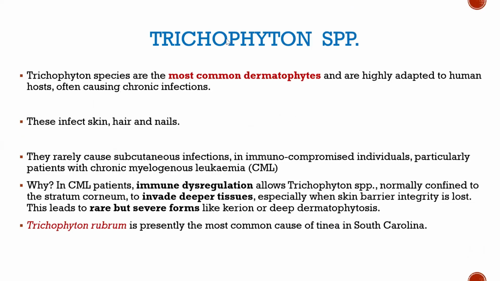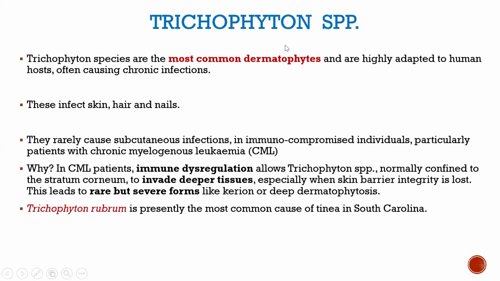Then let's go back to the Trichophyton. The Trichophyton species are the most common dermatophytes and they are highly adapted to human hosts, often causing chronic infections. They infect the skin, hair, and nails, just like I've explained before. And they rarely cause subcutaneous infection in immunocompromised individuals, particularly patients with chronic myelogenous leukemia.